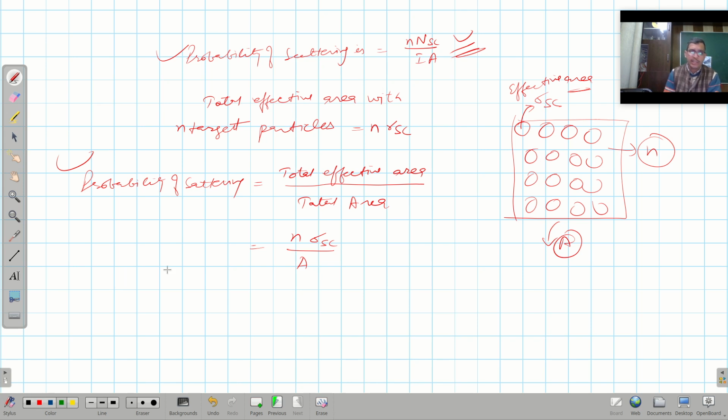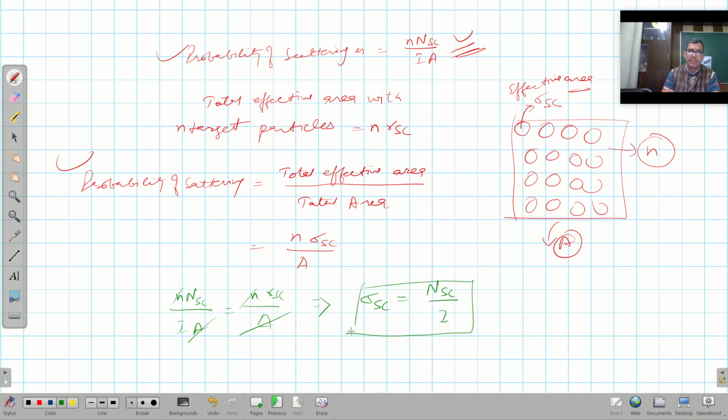If I equate these two quantities, N_SC divided by I_A is equal to n sigma_SC divided by A. This n will cancel out, so I can write sigma_SC is equal to N_SC over I.